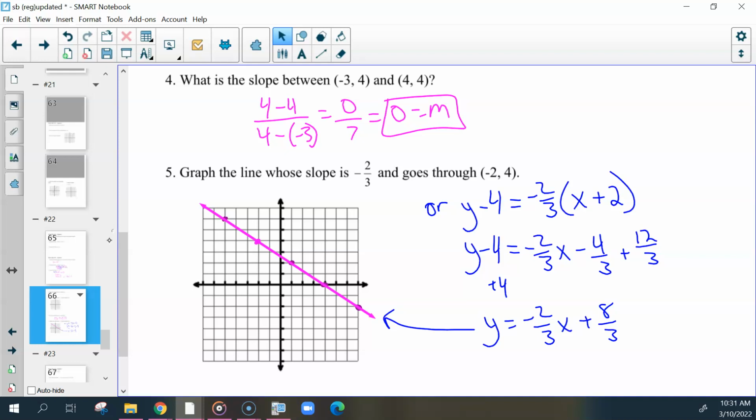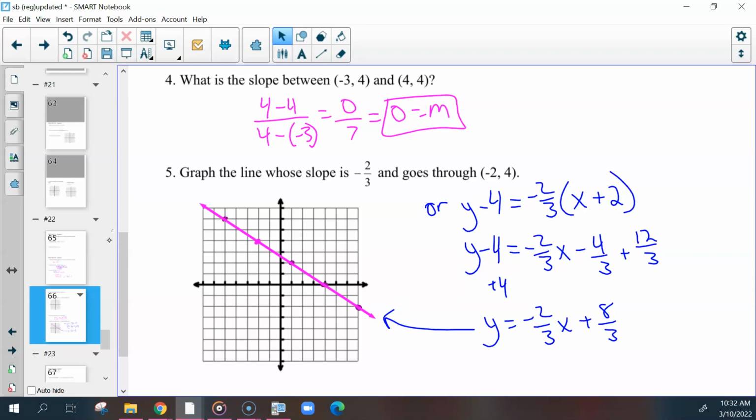For the very last one, the easiest way to do this, since we're looking for a line whose slope is negative 2/3 and goes through this point, is start at this point, negative 2, 4, and do your slope. So up 2 to the left 3, down 2 to the right 3 as many times as possible.